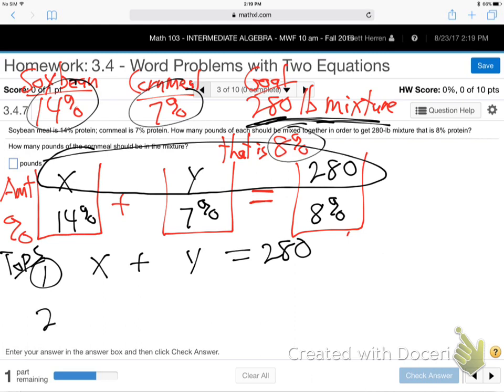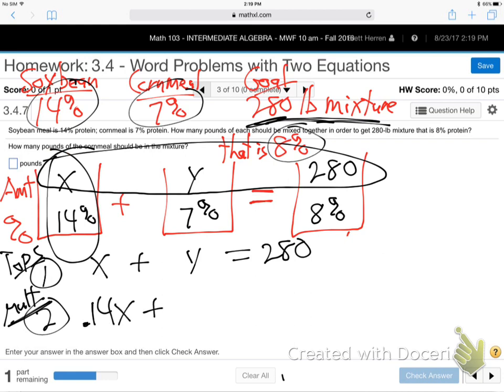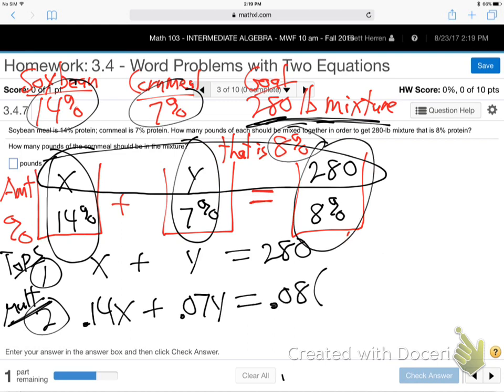Now, the second equation you get by multiplying. So I multiply 14 times, so make it a decimal, 0.14x, multiply 7% times y, which would be 0.07y, and multiply 0.08 times 280.